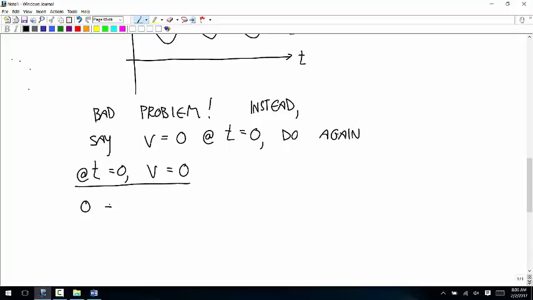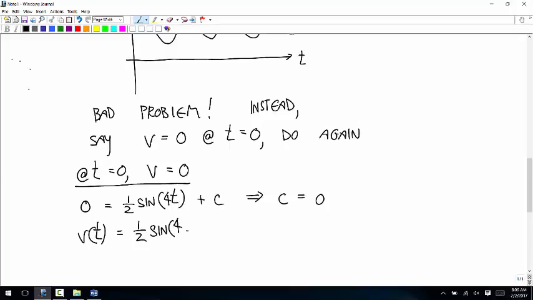So 0 is equal to 1/2 sine of 4t plus c. So c is equal to 0. And so the velocity function is 1/2 sine of 4t.